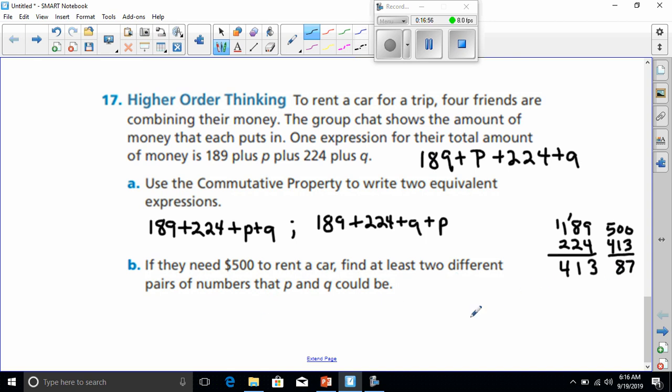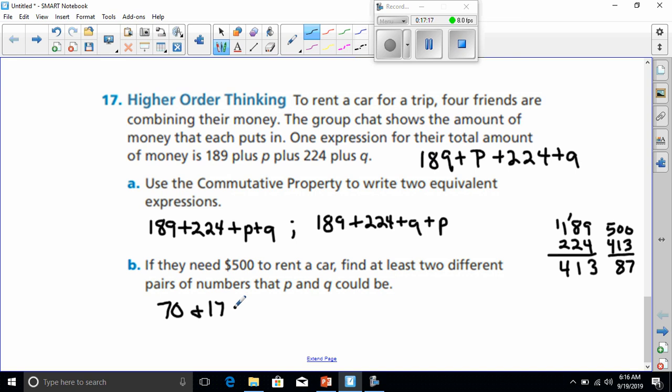Let's see, find at least two different pairs of numbers. One pair could be 70 and 17, which make 87.